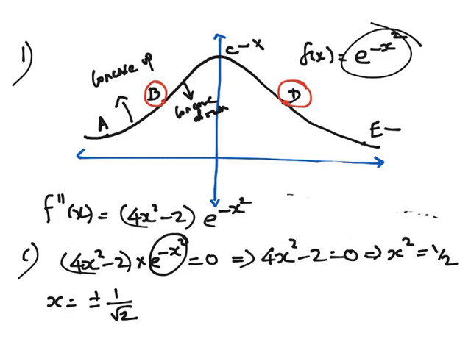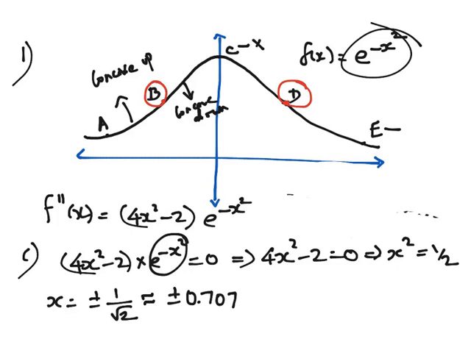These are the x coordinates of B and D. So the x coordinate of B is minus 1 by root 2 and the x coordinate of D is 1 by root 2. It is approximately equal to plus or minus 0.707.